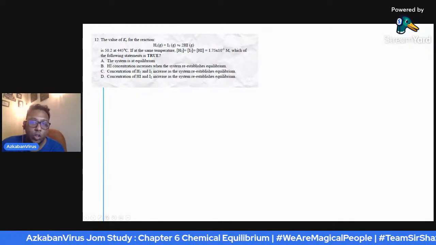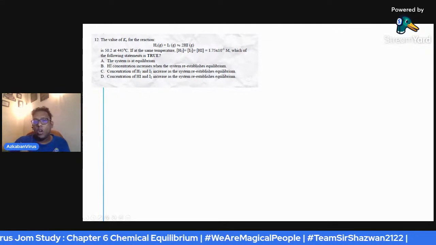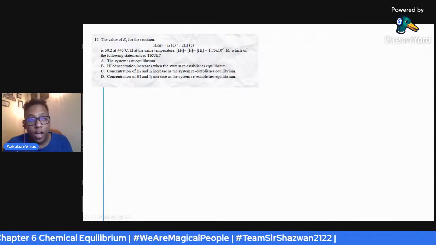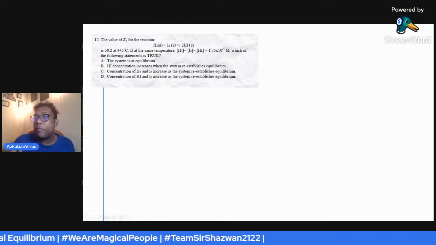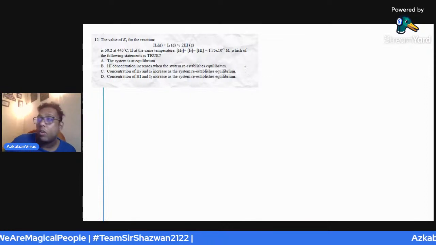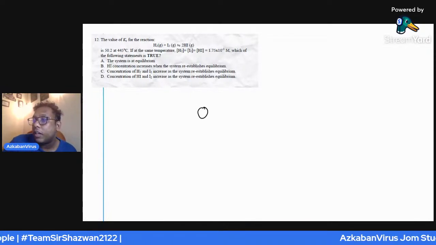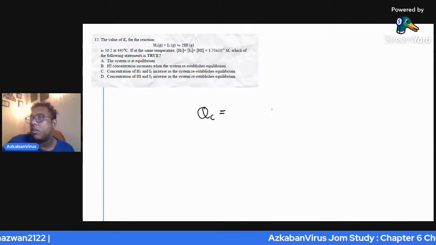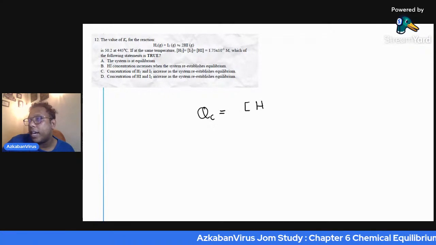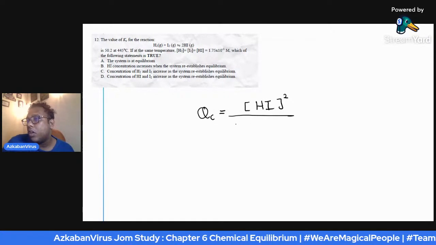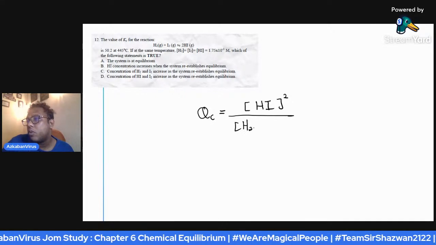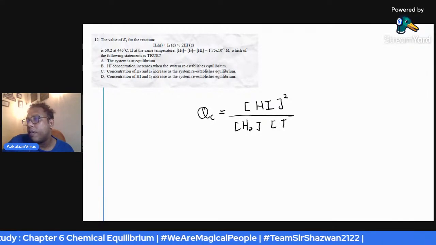Okay, ini contoh soalan yang mana kita nak tengok sistem tu at equilibrium ke tak. So, kalau dia tak at equilibrium, apa kita perlu buat? Kita kena check dulu. Kita check guna QC. QC is equal to concentration of HI to the power of 2 bahagi concentration of H2 darab concentration of I2.